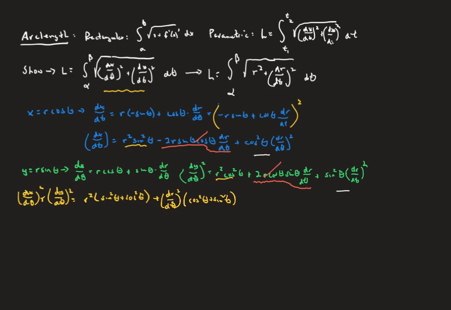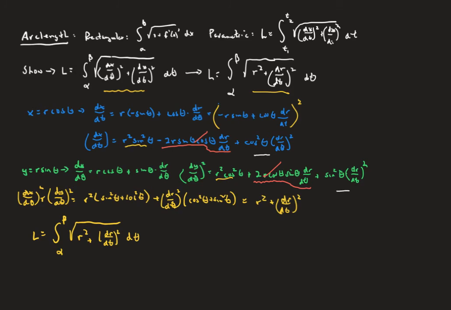So we see our favorite trig identity emerging in both cases, and we end up with r squared times 1 plus (dr/d theta) squared times 1, which is exactly what we want inside that radical. So we have shown that our arc length formula in polars is the integral from alpha to beta of the square root of r squared plus (dr/d theta) squared, d theta.